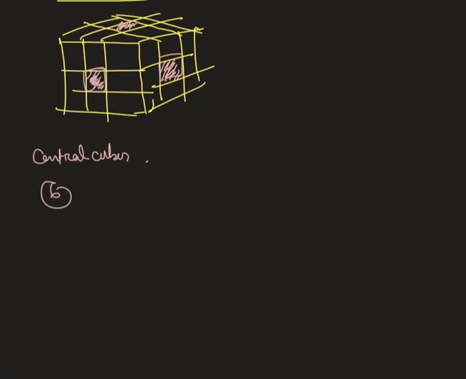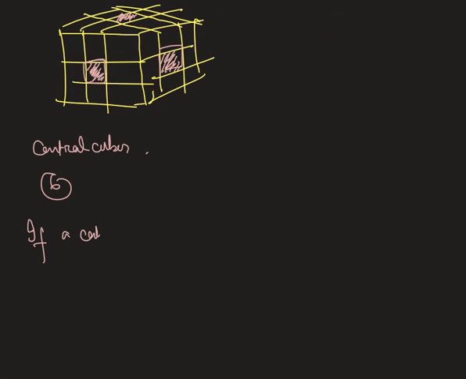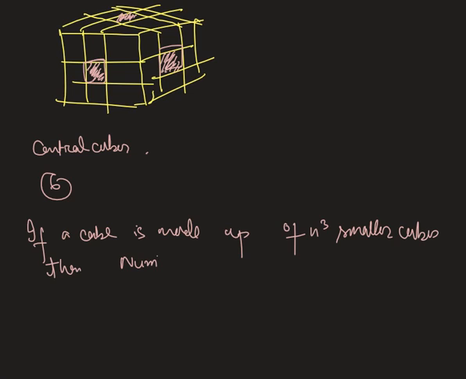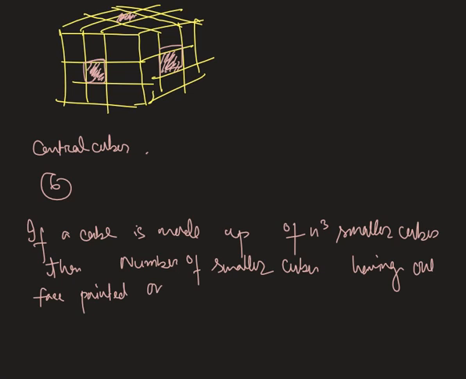If a cube is made up of n cube smaller cubes, then the number of smaller cubes having one face painted on each surface of the cube is equal to (n minus 2) whole square.